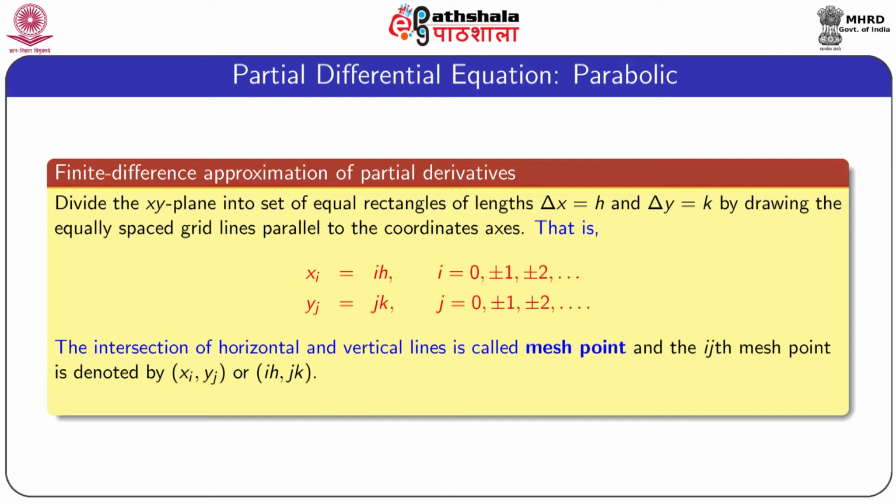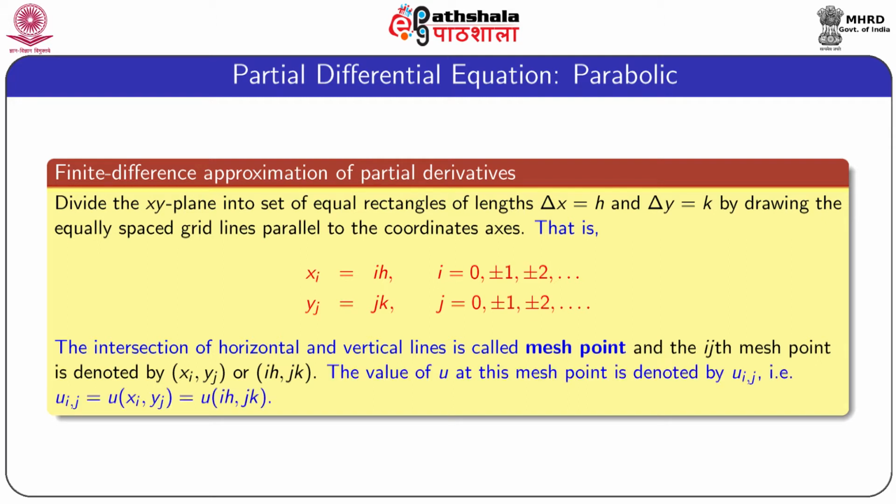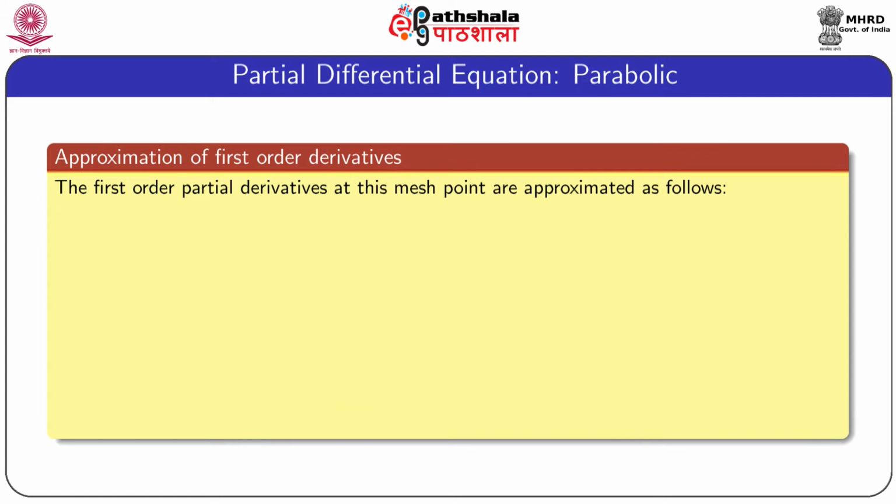That is, xi is equal to ih and yj is taken as equal to jk, where i equals 0, plus minus 1, plus minus 2 and so on, j equals 0, plus minus 1, plus minus 2 and so on. In this case, x0 and y0 are taken as 0. The intersections of horizontal and vertical lines are called the mesh points, and the ijth mesh point is denoted by xi comma yj or ih comma jk or simply ij.